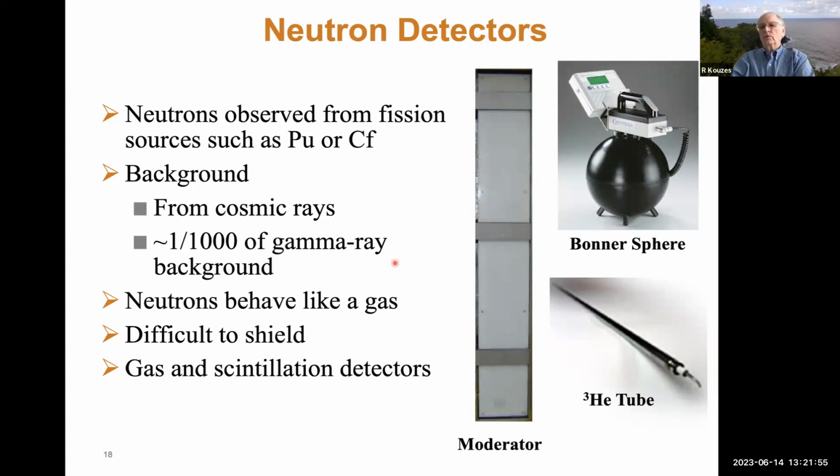So it's easier to see a small neutron signal than it is to see a small gamma ray signal in terms of intensity. Thermal neutrons behave like a gas. They bounce around and therefore are more difficult to shield than gamma rays are.